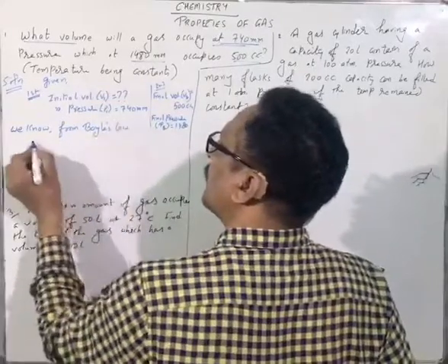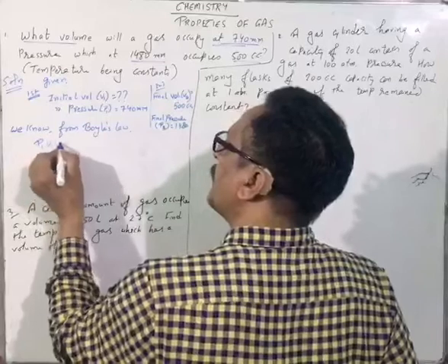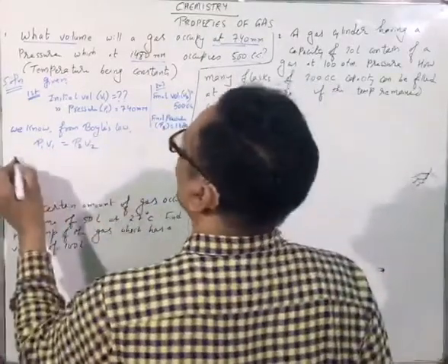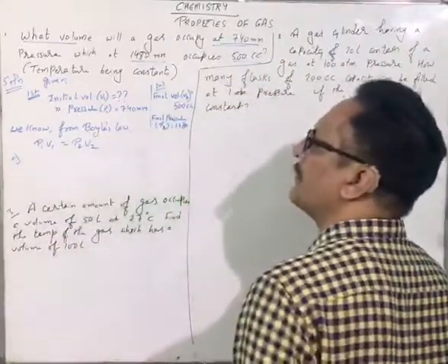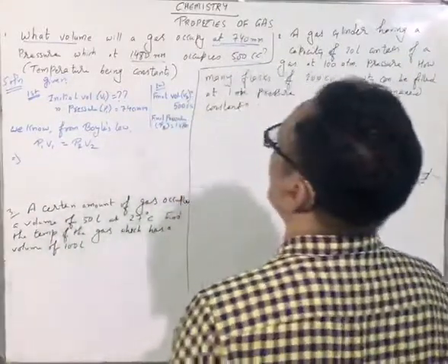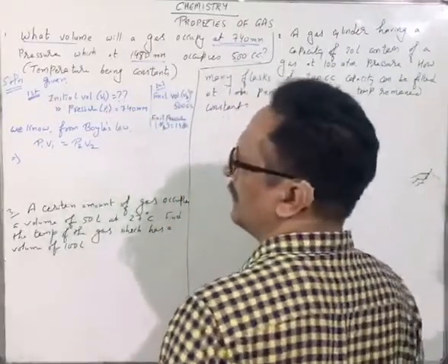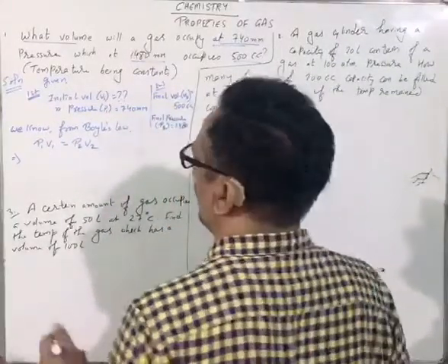So what is the formula? P1 V1 equals P2 V2. We have to put the values of P1, V1, P2 and V2, and find whatever unknown quantity there is.